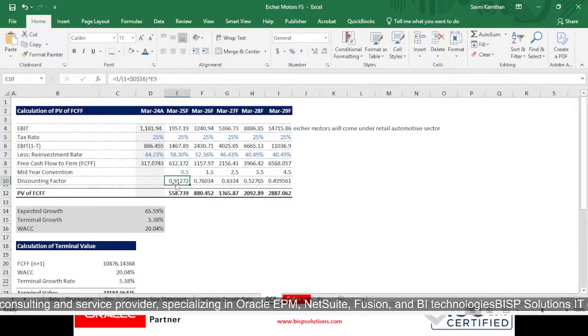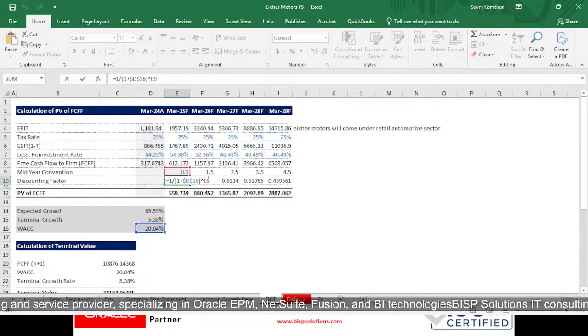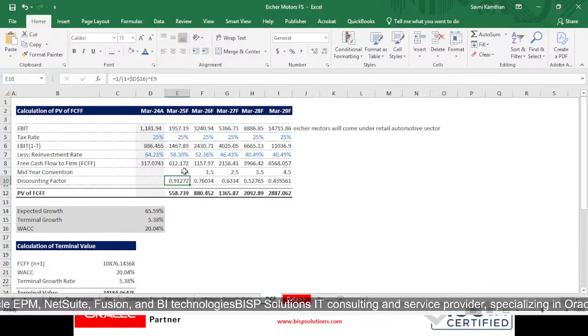If I want to calculate my discounting factor, which is 1 divided by 1 plus our WACC to the power of the mid-year convention, which is absolutely anchored, 0.5 years. So I will be getting 0.91272 and dragged it till the March 29 because all our columns are completed, right?